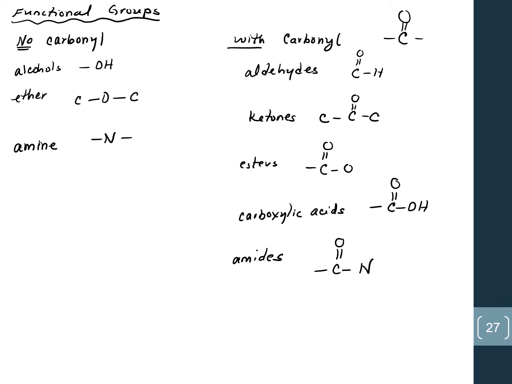So I'm going to write down some structures for you to check if you can identify which type of functional group you have in each one. Sometimes you can have more than one in the same structure. Using a combination of different things like skeletal formulas, condensed formulas, and the functional groups.